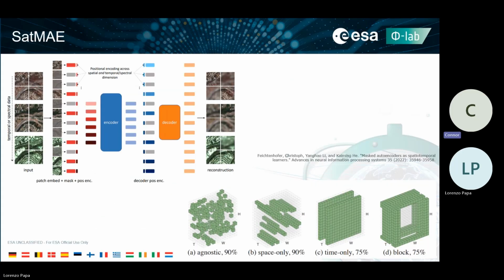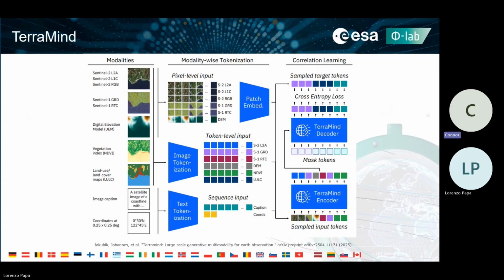So in this work, they try to collect a lot of information for the reconstruction in order to keep some of the features of foundation models. However, and here is probably one of the most important works that we have done regarding foundation models and generative AI, this one is called TerraMind.